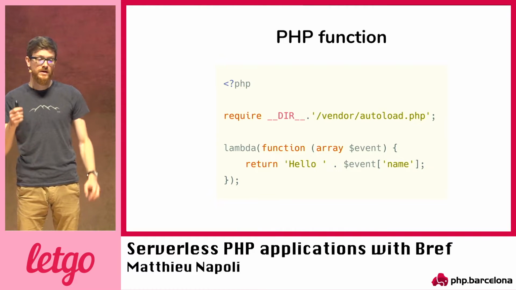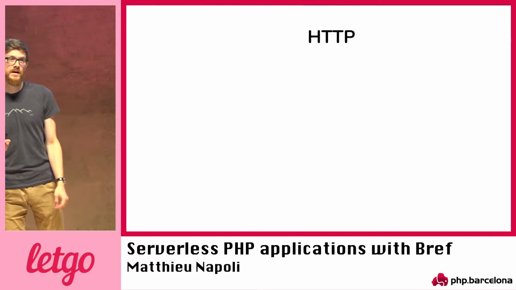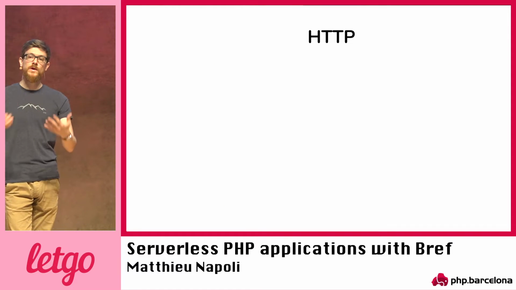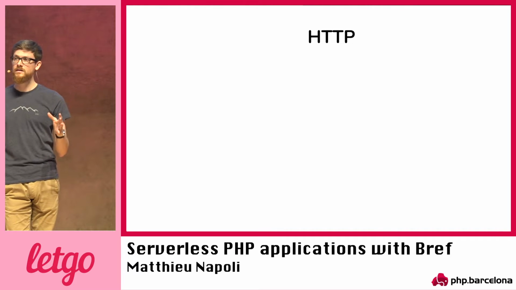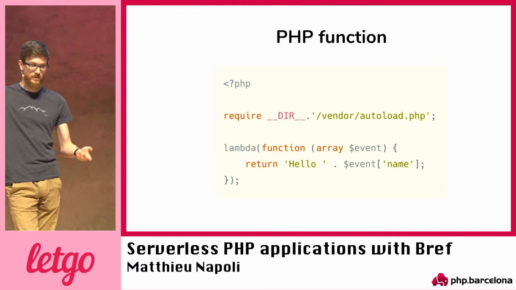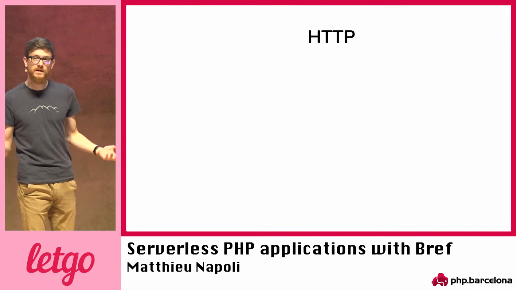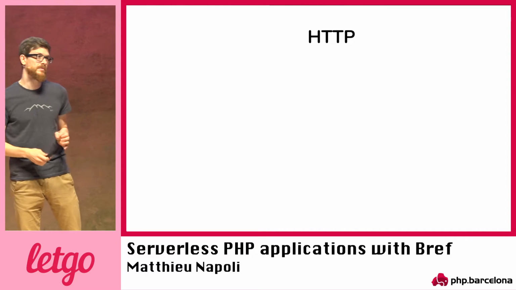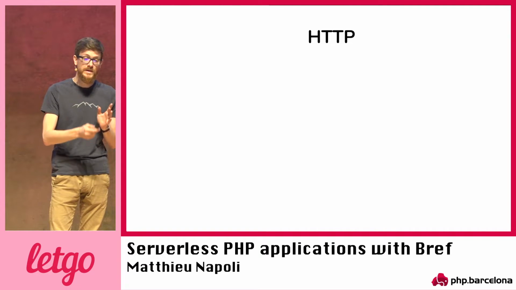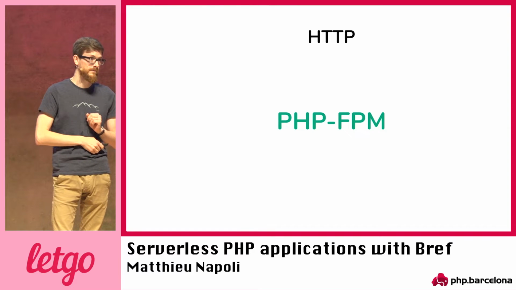The second runtime is the HTTP runtime. And to me, this is the most interesting one. Because you see, all languages on Lambda work like this. But with PHP, we have the same execution model as Lambda. PHP is compatible with Lambda, which means we can run PHP FPM on Lambda.